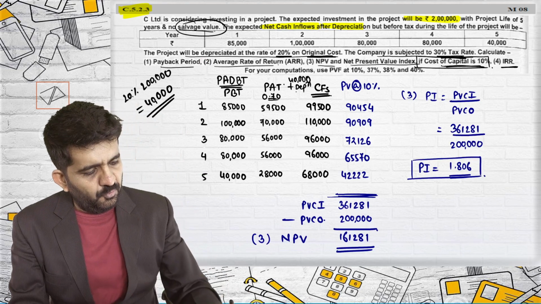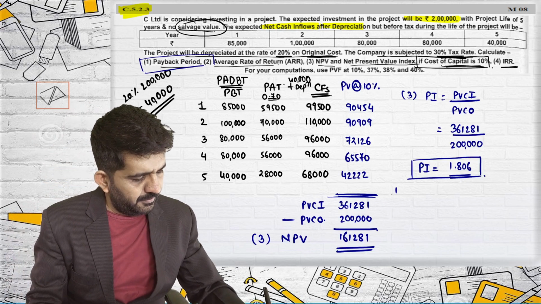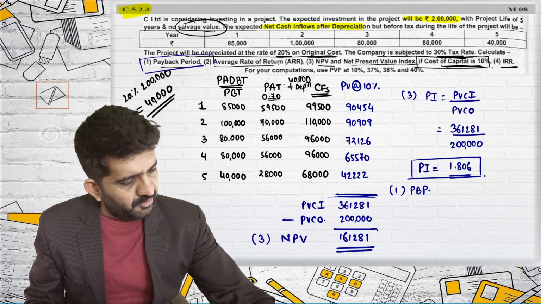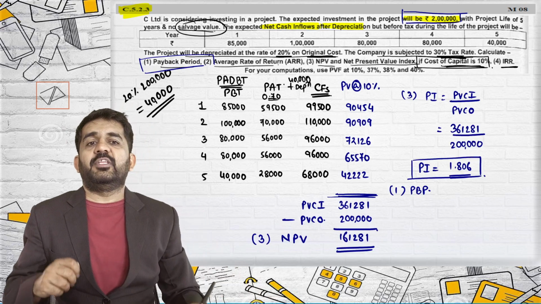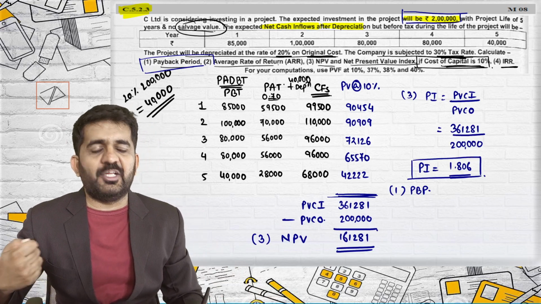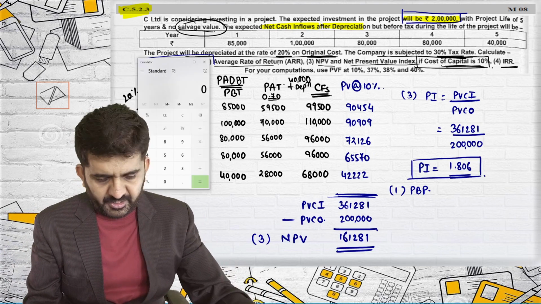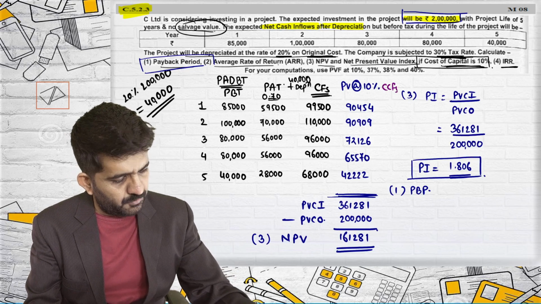They are telling me to find out payback period. Answer number 1. Payback period. I need to recover 2 lakh rupees. For that, I'll have to find out cumulative cash flows. I am drawing another column. Cumulative cash flows.